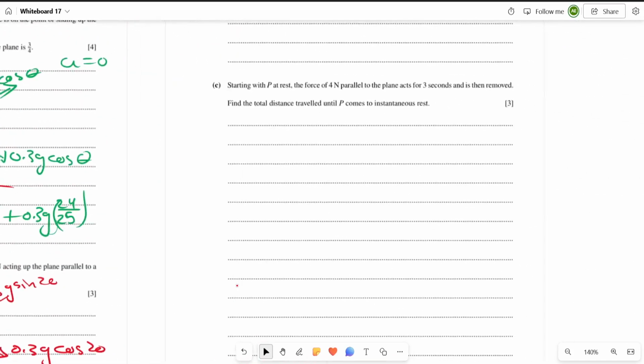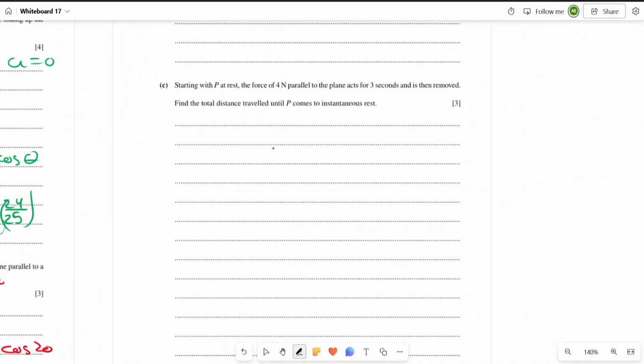So let's see, for those 3 seconds, this is now a little bit of kinematics. For those 3 seconds, how much did the object move under this acceleration? We have the acceleration as 10 over 3 meters per second squared. The time is equal to 3 seconds. The initial velocity is equal to 0. And I want the displacement. I didn't mention v, so I'm going to use s equals ut plus half at squared.